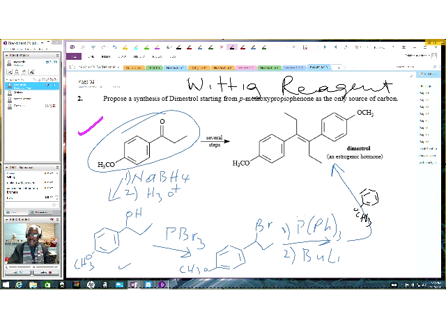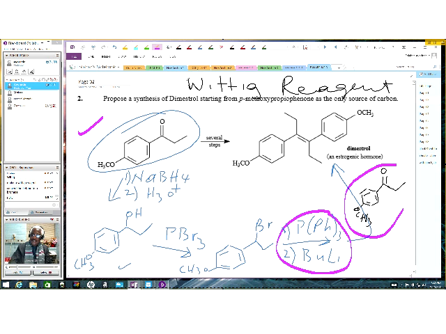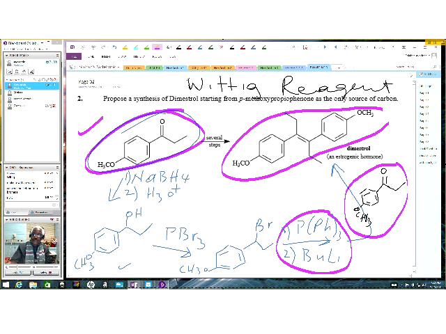And of course, the ketone is here. So the Wittig that you obtain at this point right here is now used to react with this ketone here, to form your final product, which is right here.